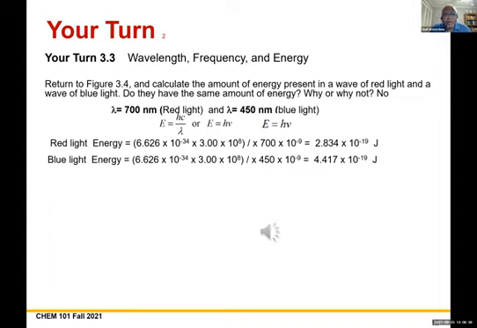The blue light has larger energy than red light. That is what we saw in the electromagnetic spectrum, how energy is related to frequency or wavelength. We are looking here from the wavelength point of view. You can calculate directly from frequency also.